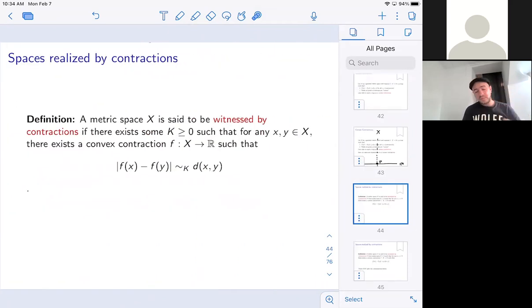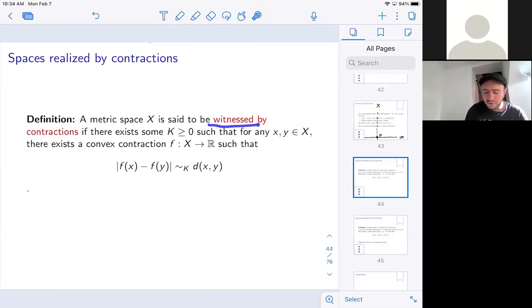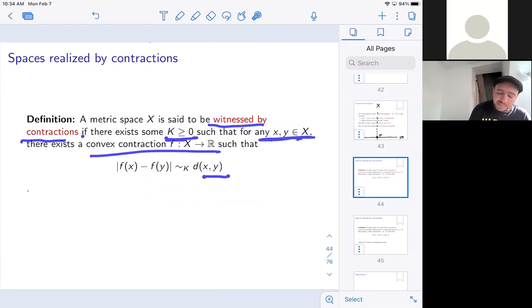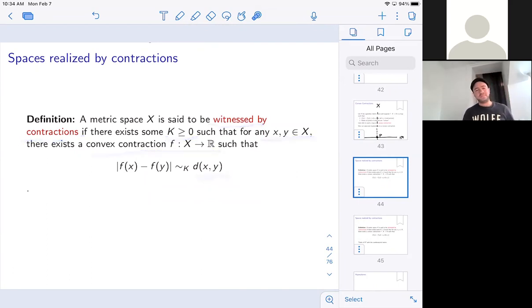Okay, so now let's add one more layer to this definition. A space X is said to be witnessed by contractions if there exists a constant K such that for any 2 points X and Y in the space, there is a convex contraction that sends them approximately their distance away. Let's take a second to parse what this is saying.